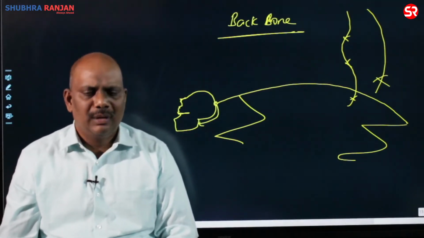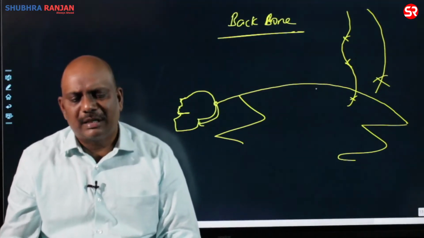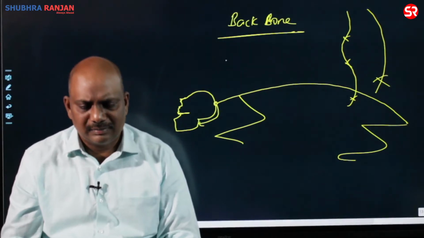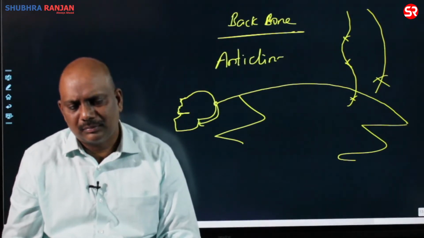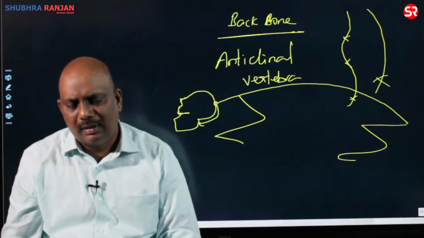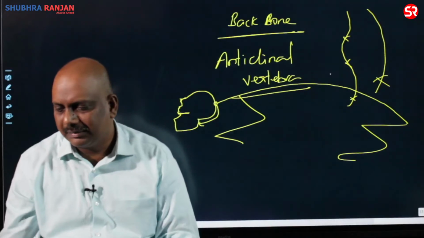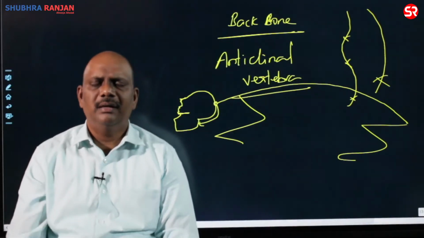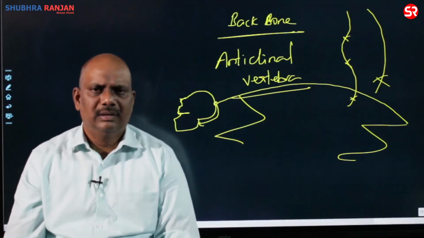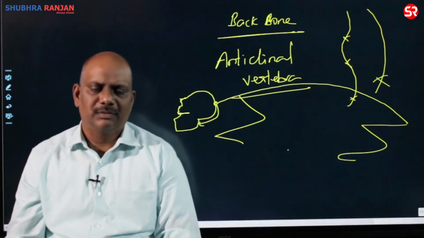Got it? This multiple arched vertebral column is called anticlinal vertebra. Anticlinal vertebra, the presence of the multiple arches.